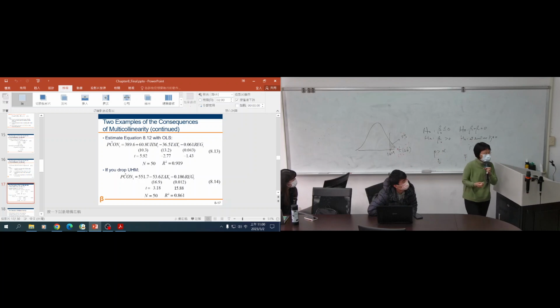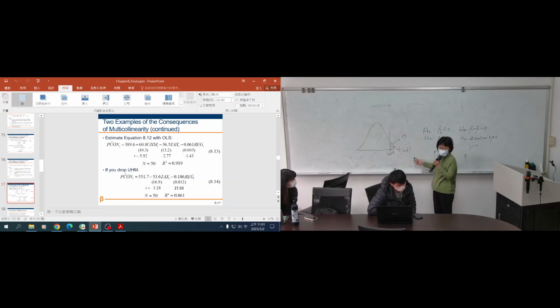So follow the expectation. We expect this is positive. This is positive, and this one is 5.92, I'm sorry. We know that p is smaller than alpha.